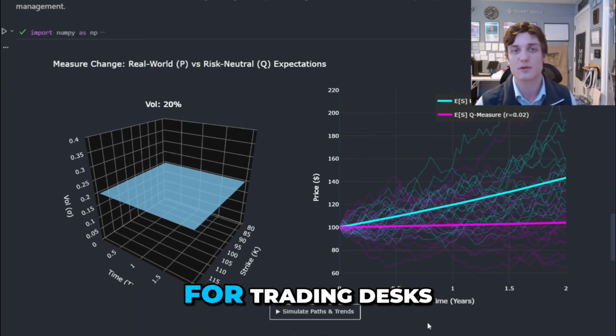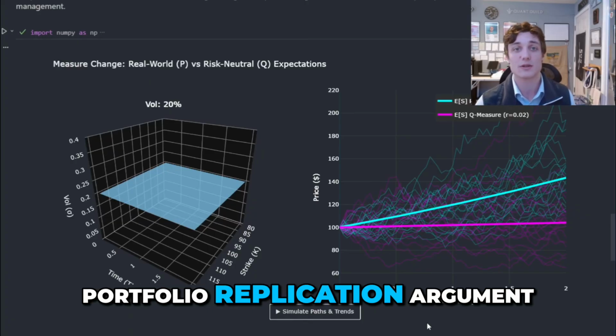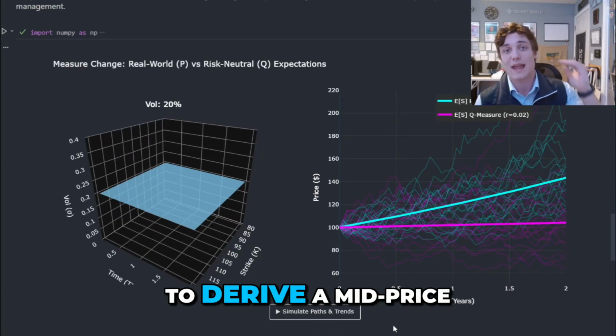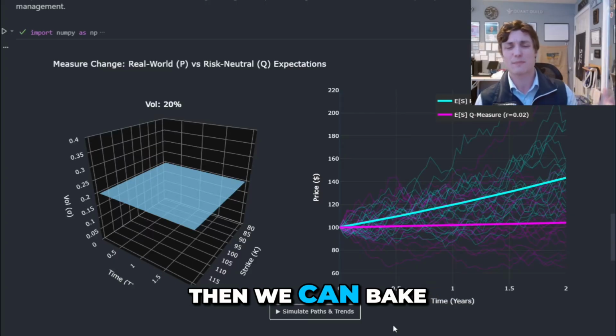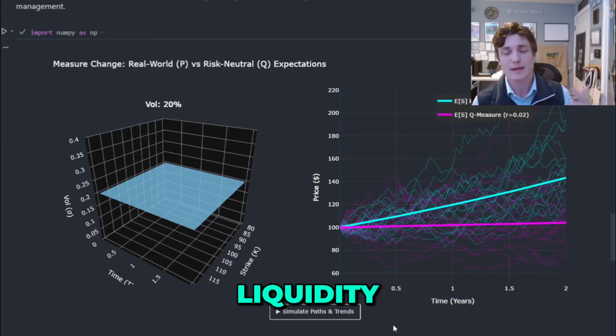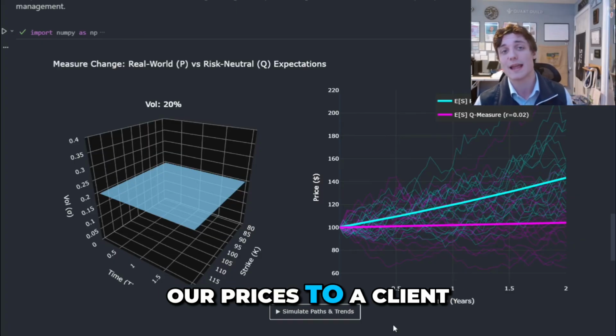What does that mean for trading desks? Well, we can use this portfolio replication argument in more intricate models to derive a mid-price. Then we can bake in adjustments. We can adjust for counterparty risk, liquidity, profit, then quote our prices to a client.